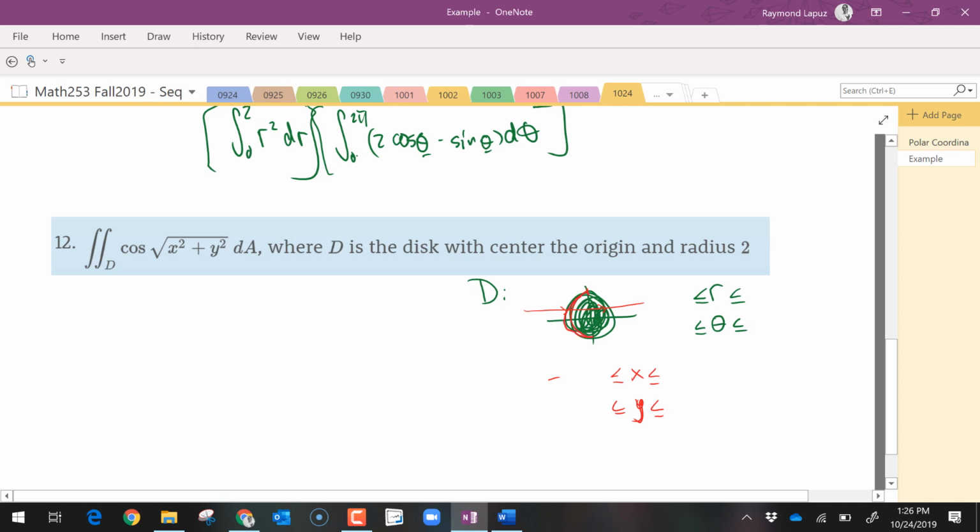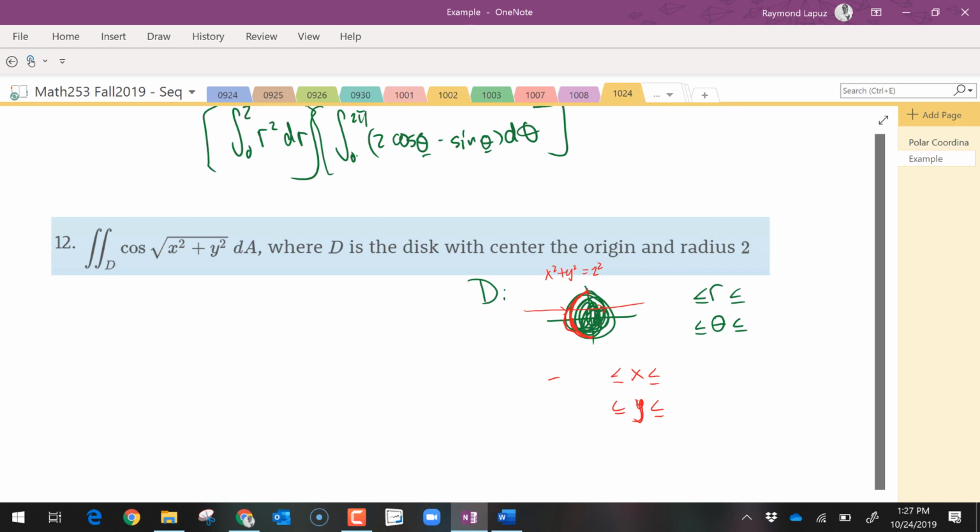So this is a piece of a circle that has an equation x squared plus y squared is equal to 4, right? And if I want to go into my x equals something with a y function, I would solve for x.